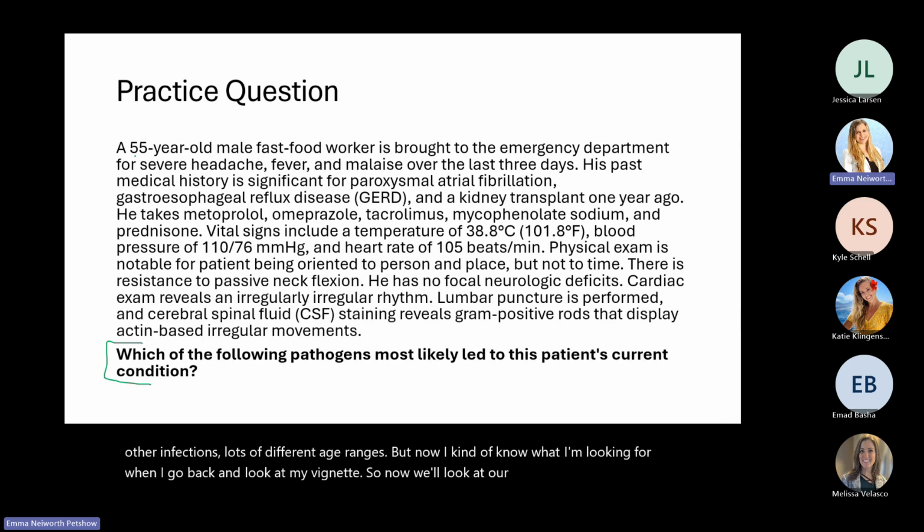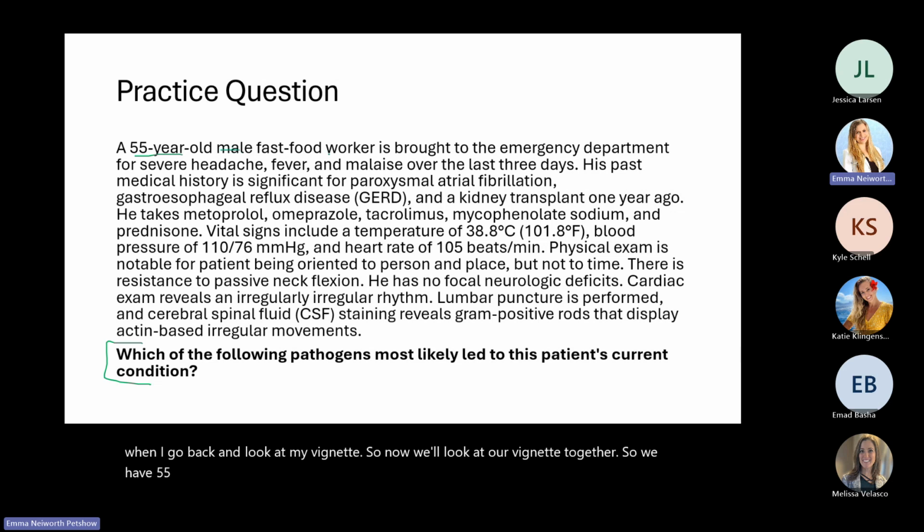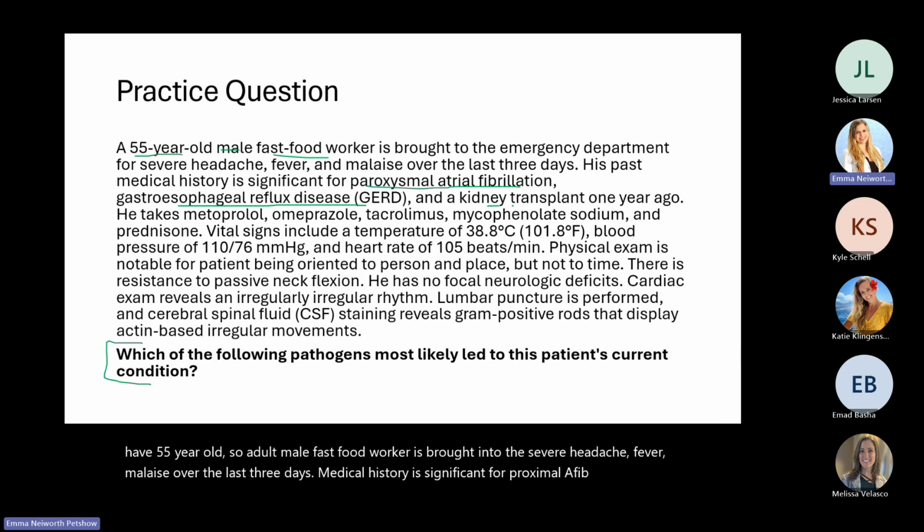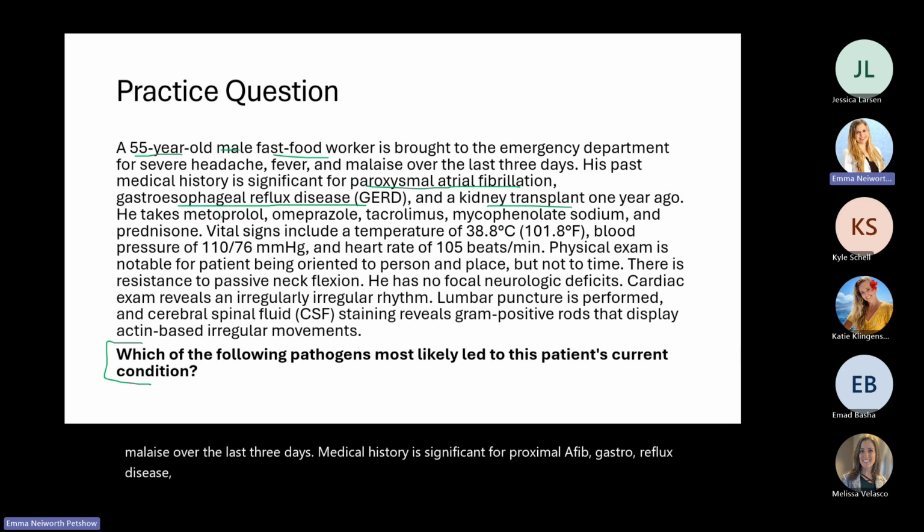So we have a 55-year-old, so adult, male, fast food worker, brought into the ER with severe headache, fever, and malaise over the last 3 days. Medical history is significant for paroxysmal AFib, gastroesophageal reflux disease, and a kidney transplant 1 year ago, on a bunch of meds, including prednisone. Vital signs include fever, normalish blood pressure, slightly tachycardic.